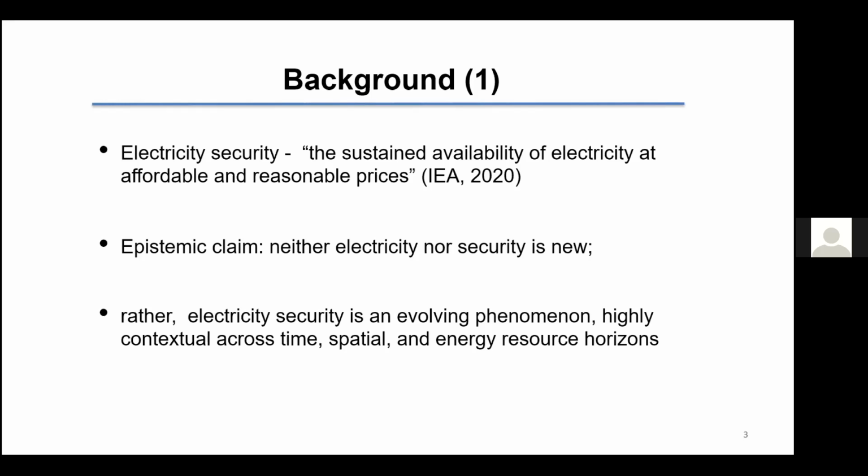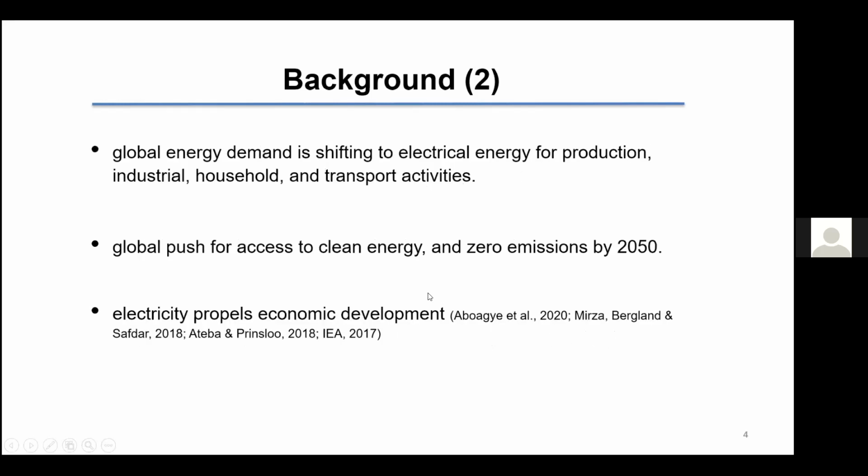So these differences continue to bring evolving approaches to look at it, which I think this study is proposing to make a contribution to. But from the global perspective, today as we speak, demand for energy is increasing, but importantly, it is shifting to what we call electrical energy, or electricity, for production, for industrial activities, for household use, including transport.